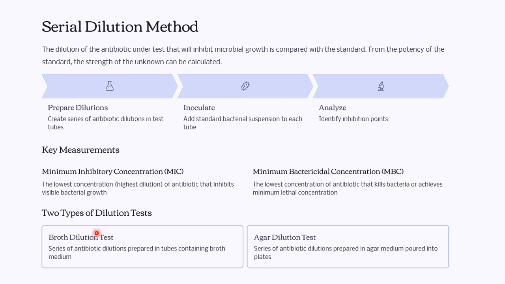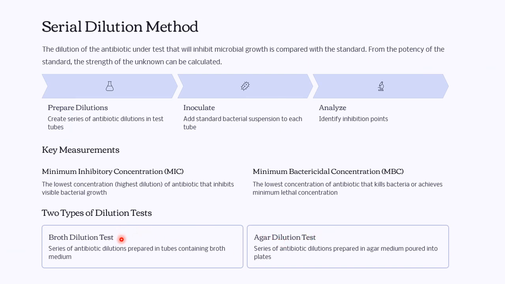Clear? So, in case of broth dilution method, the microorganism grows in the liquid medium and it is visible as turbidity. But in case of agar dilution method, the microorganism grows in the agar medium, so we can see the growth of microorganism as colonies.